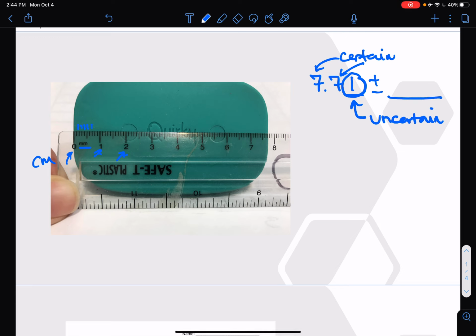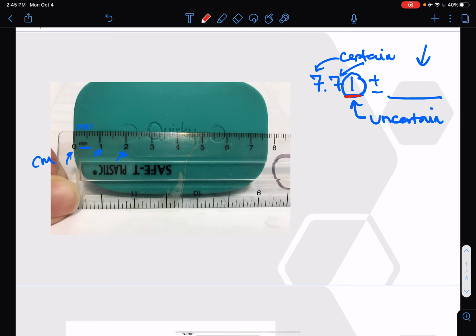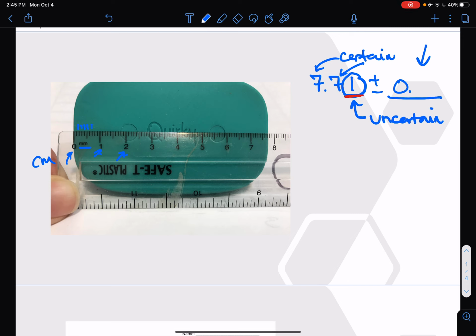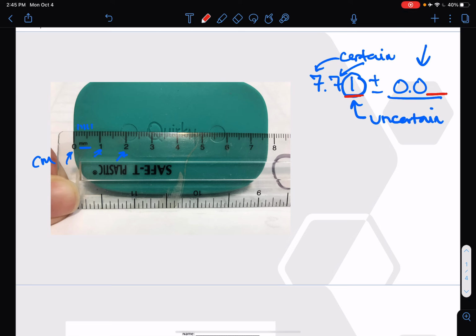Now, I want to point out that the number that you put over here, where it goes plus and minus something, is always going to end in the same column that your estimated digit went. So what we're going to do is we're going to say, okay, we've got 0.0 and then something right there. Because that's where we have our wiggle room. That's where we have our estimate, and we want to say how sure we are about that.